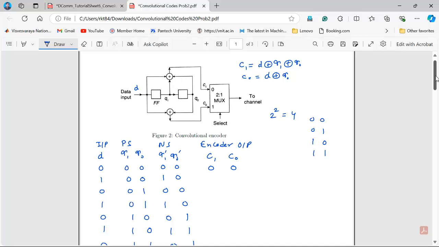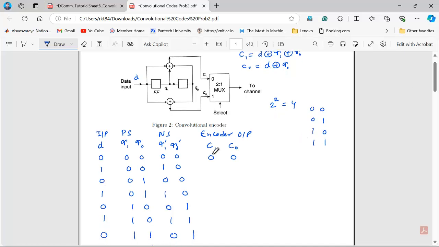Okay, so here obviously all 0, so we are getting 0 0. Okay, so in the next one, you will do all modulo 2 addition. So C1 is 1, and C0 is D and Q0. You can check D is 1, Q0 is 0, so again it is 1 1.